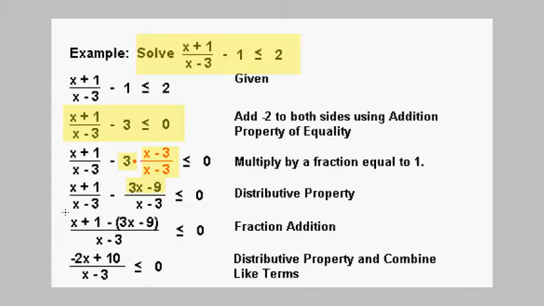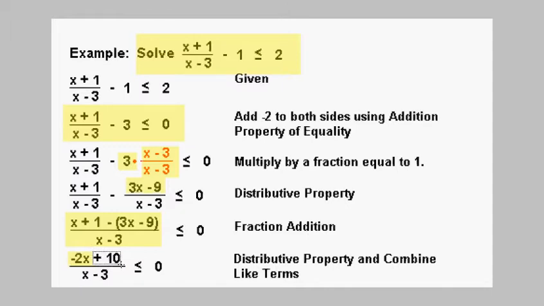We can combine those into one fraction now. And that becomes x + 1 minus the quantity 3x - 9. Now remember, when you're subtracting the quantity, you have to add the opposite of each term to remove those parentheses and combine terms. So we have x - 3x. That makes a negative 2x. We have 1 minus a negative 9, which is really 1 + 9.